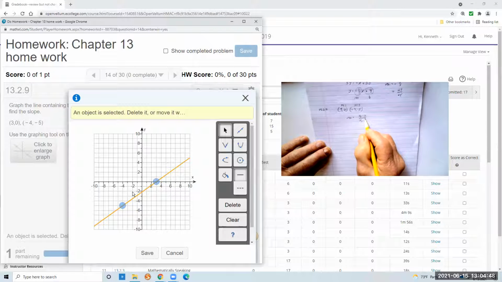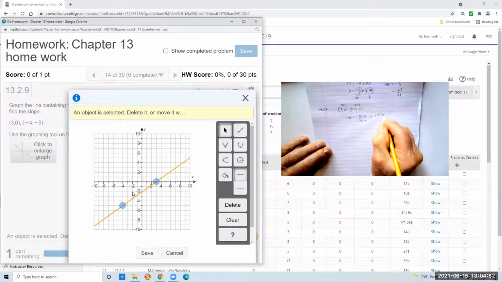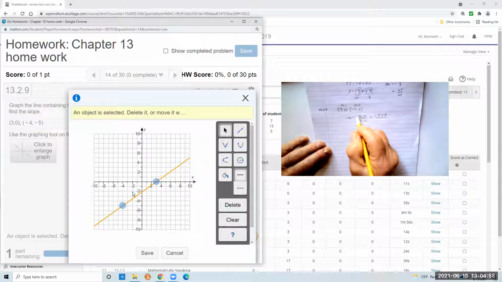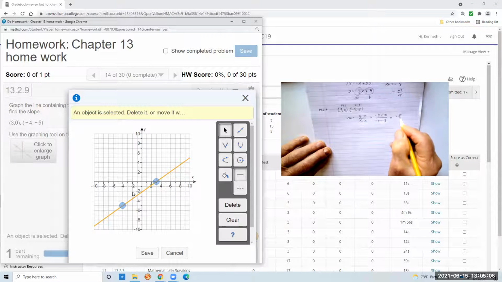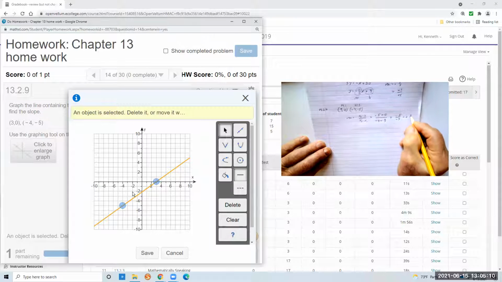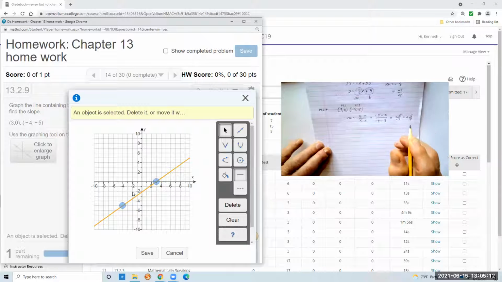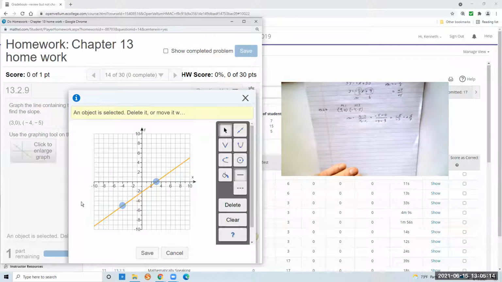We want y sub 2, which is negative 5, minus y sub 1, which is 0, all over x sub 2, which is negative 4, minus x sub 1, which is 3. So the numerator is negative 5, the denominator is negative 7. Slope turns out to be a positive answer, which is consistent with our graph.